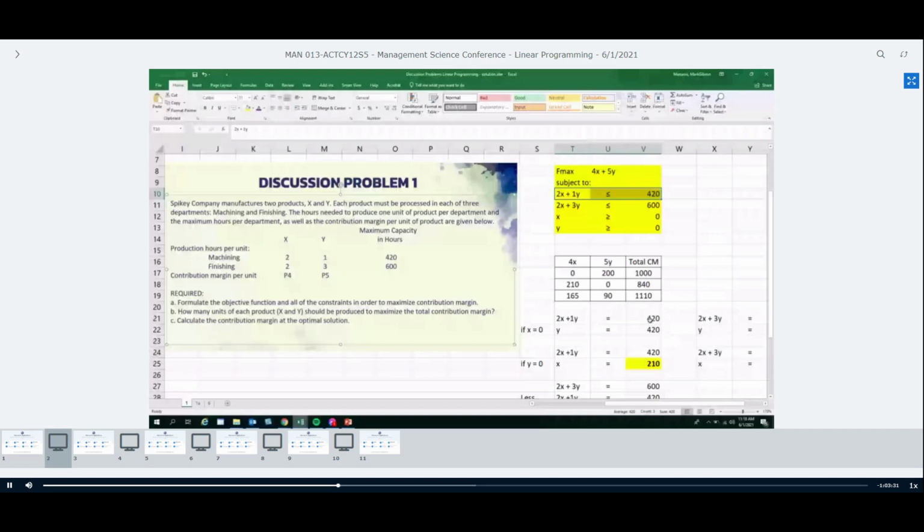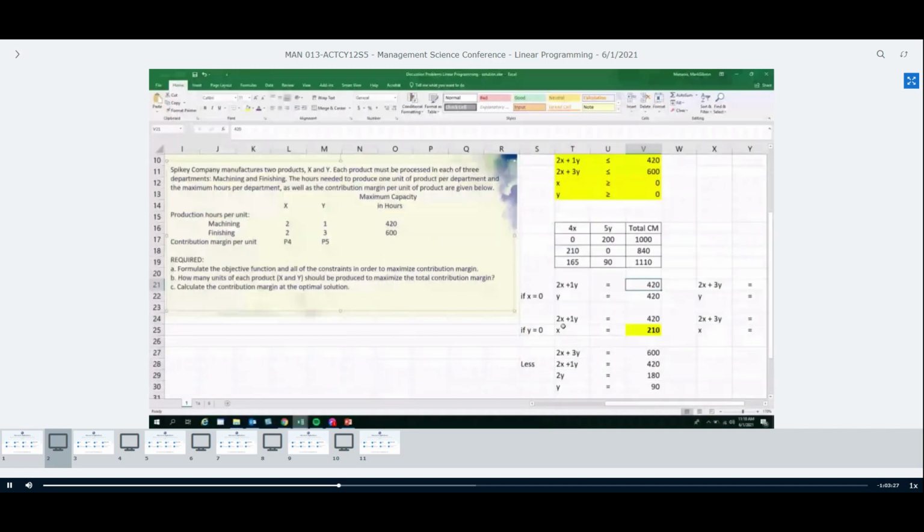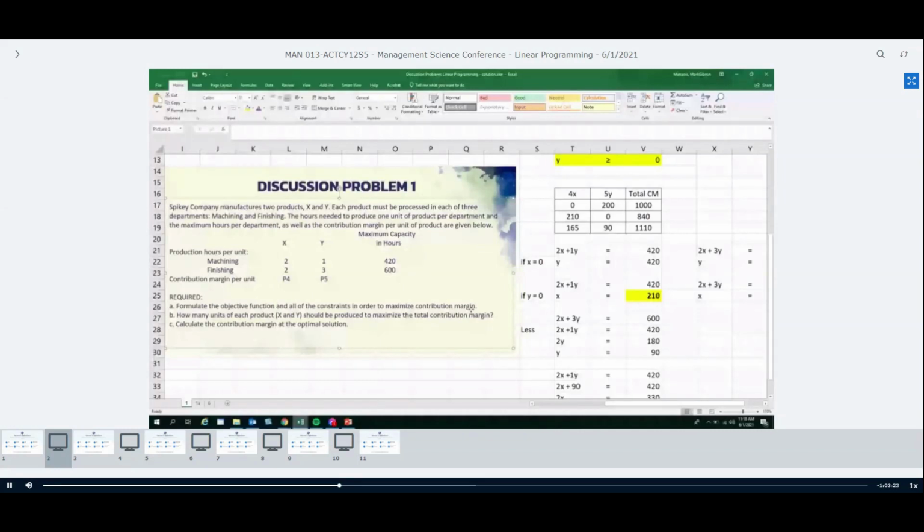If x is 0, kasi class, di ba, in algebra, kailangan natin ma-identify. Kung meron dalawang unknown, kailangan na muna natin ma-identify yung isa in order for us to solve for the other variable, no?